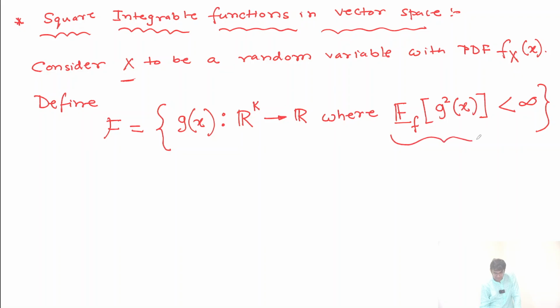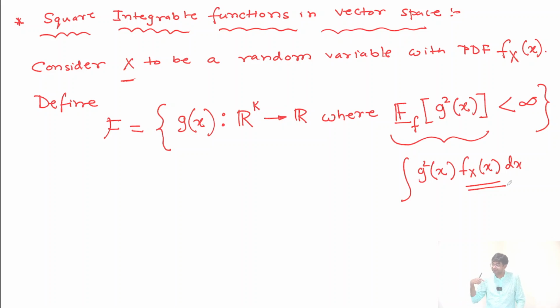This quantity is nothing but the expectation of g square x f x dx. The square is integrable with respect to some probability measure. Everything that is defined in this space is with respect to some probability measure, which is basically a PDF. So that is why the name square integrable.